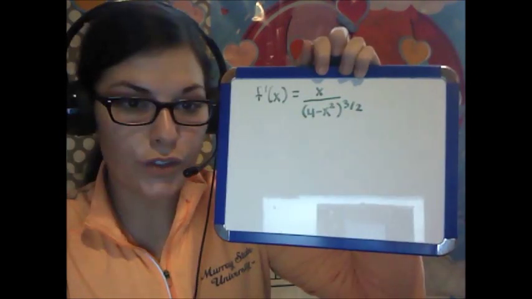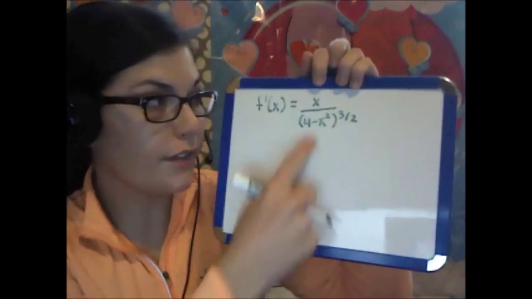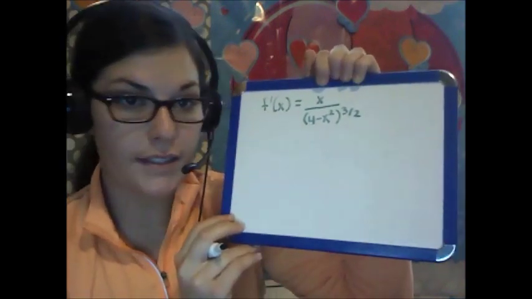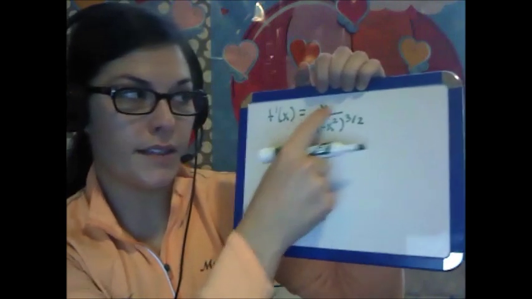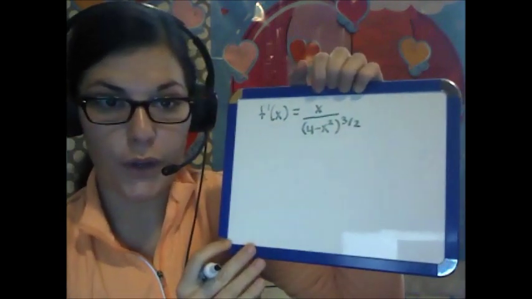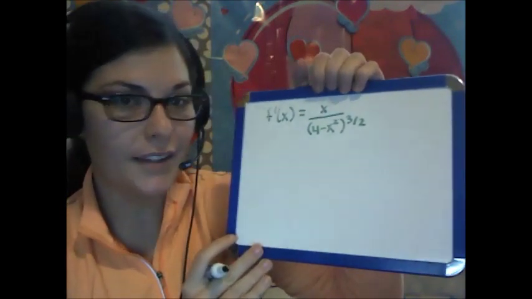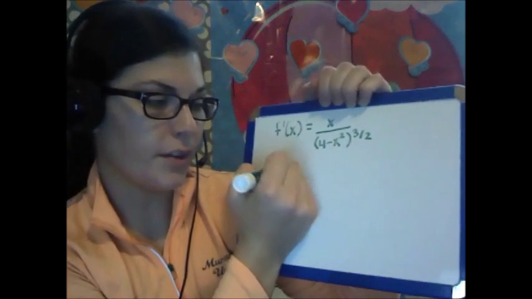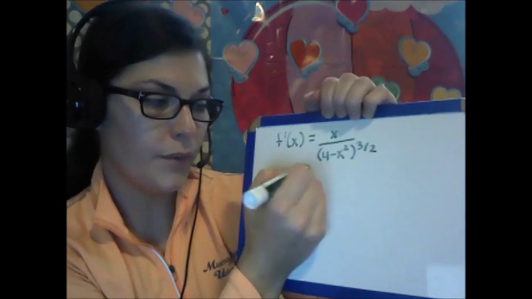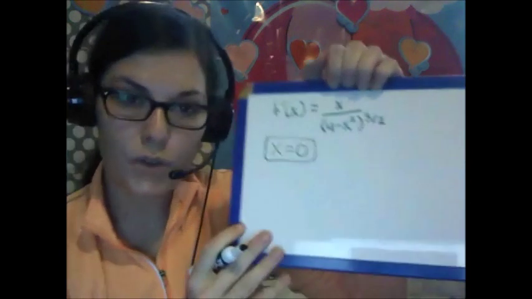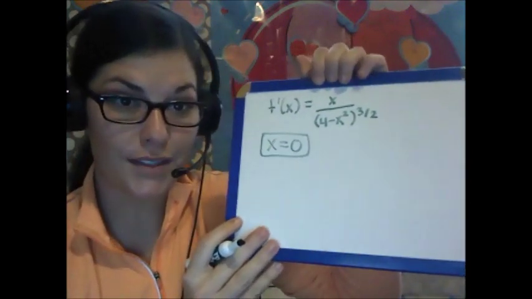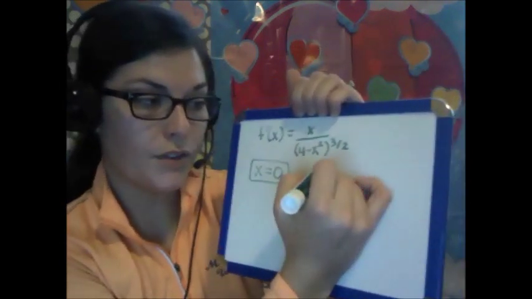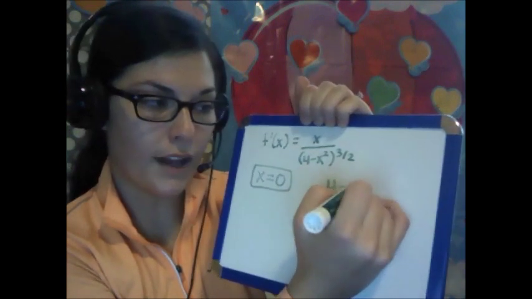Now that I have the derivative, we are going to find the critical points. To find the critical points, we see where is the derivative equal to 0 and where is the derivative undefined. So my first situation, I'm going to have x equals 0 because that is where the derivative is equal to 0. The other situation is going to require a little bit of algebra.